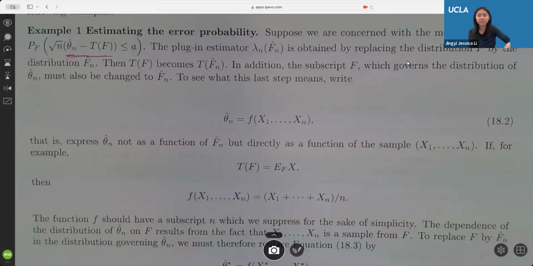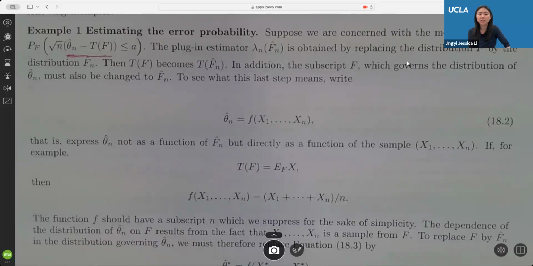The plug-in estimator lambda_n(F_n hat) is obtained by replacing the distribution F by the distribution F_n hat. Then T(F) becomes T(F_n hat). In addition, the subscript F, which governs the distribution of theta_n hat, must also be changed to F_n hat. So everything you write in F should become F_n hat.